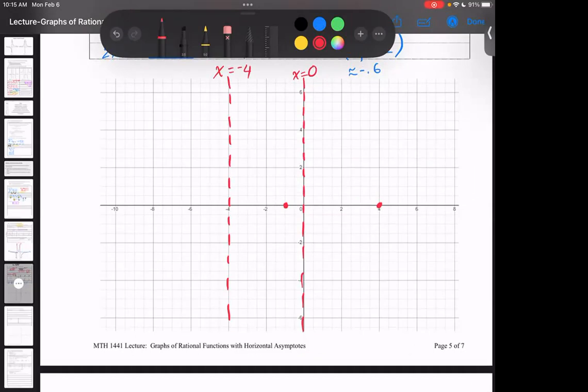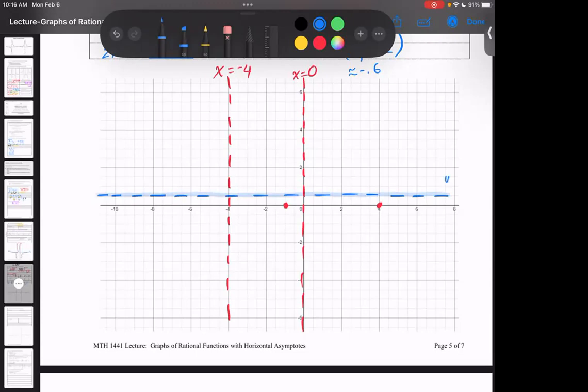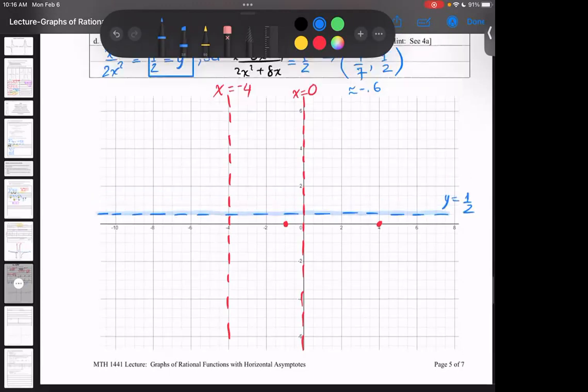The horizontal asymptote is y equals 1/2. And the cross point is -0.6 and 1/2.